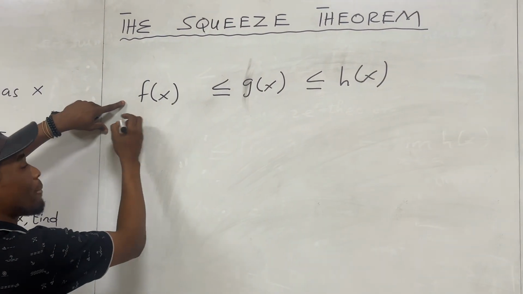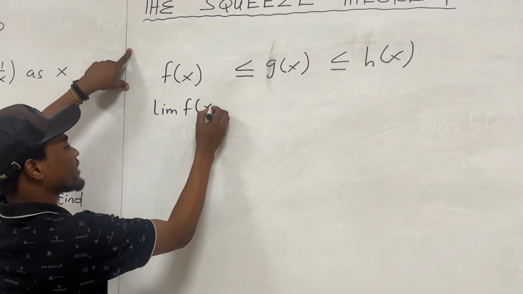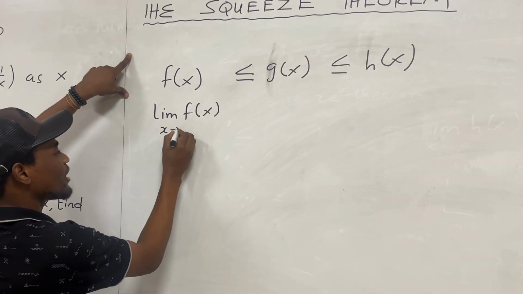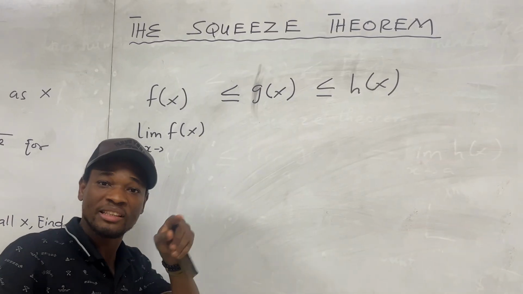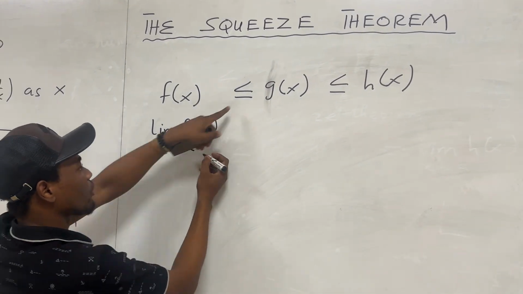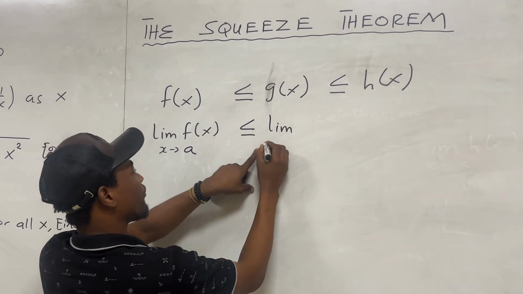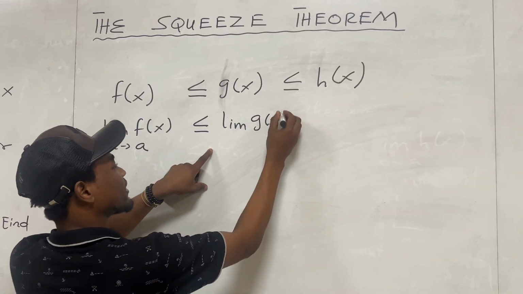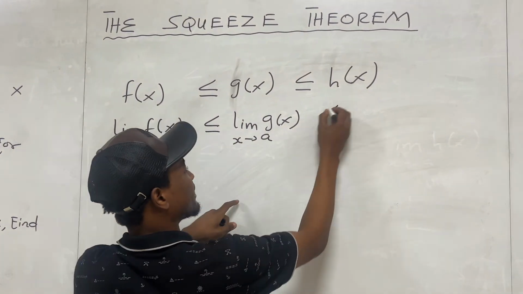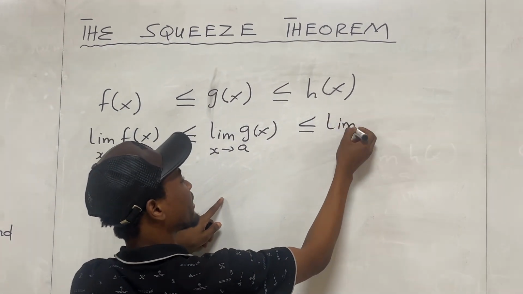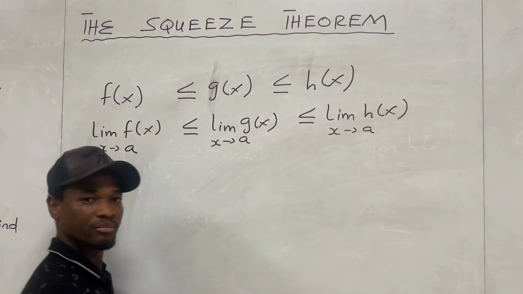So applying the limits, I have the limit of f of x as x approaches a certain value, say a, which is less than or equal to the limit of g of x as x approaches a, which is less than or equal to the limit of h of x as x approaches a.